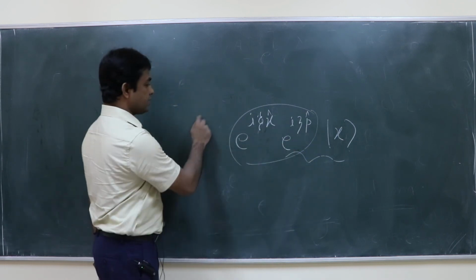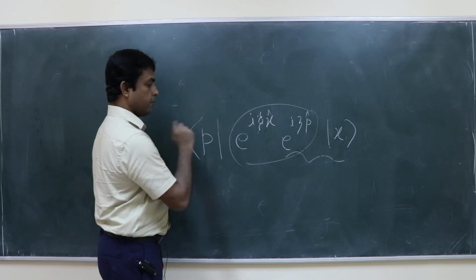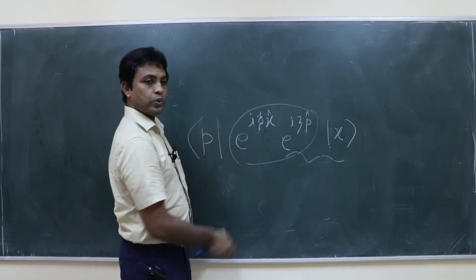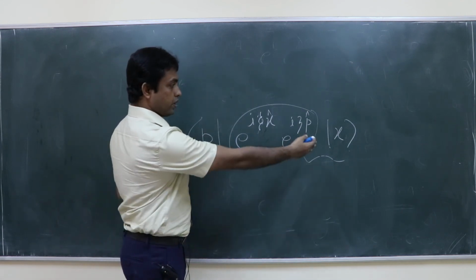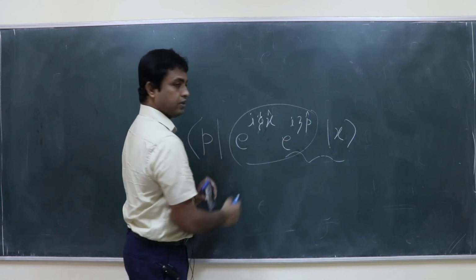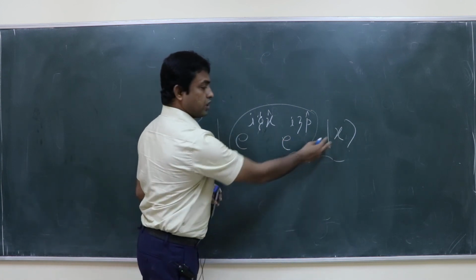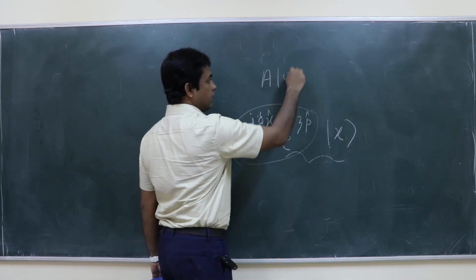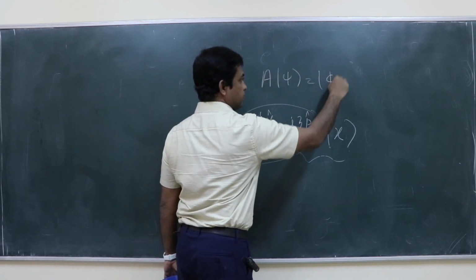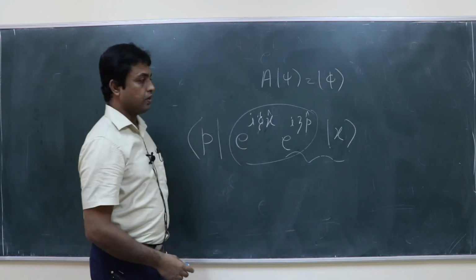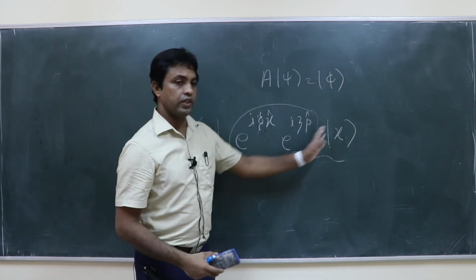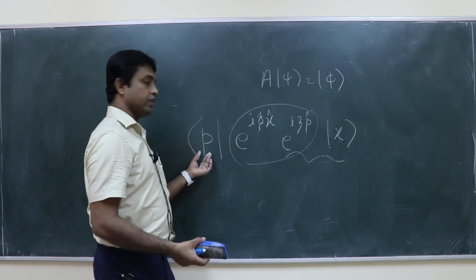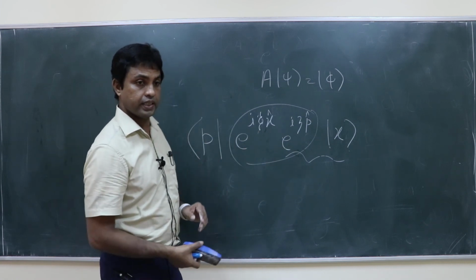Suppose you are calculating something like this. Altogether it is a number, because an operator acting on some state will give you another state, and the inner product of that with this will give you a number, a complex number in general.